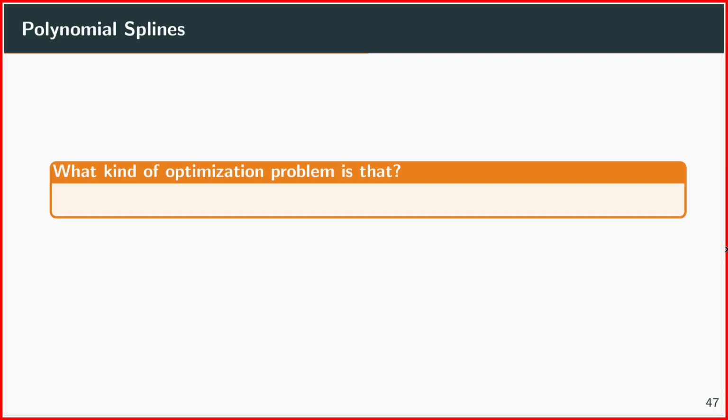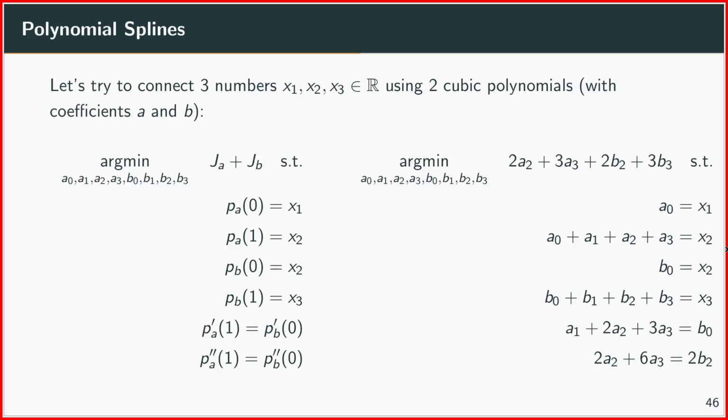In the beginning, we talked already about different types of optimization problems. Does anyone know which category of optimization problem this one falls into? Sorry again? The gradient-based?